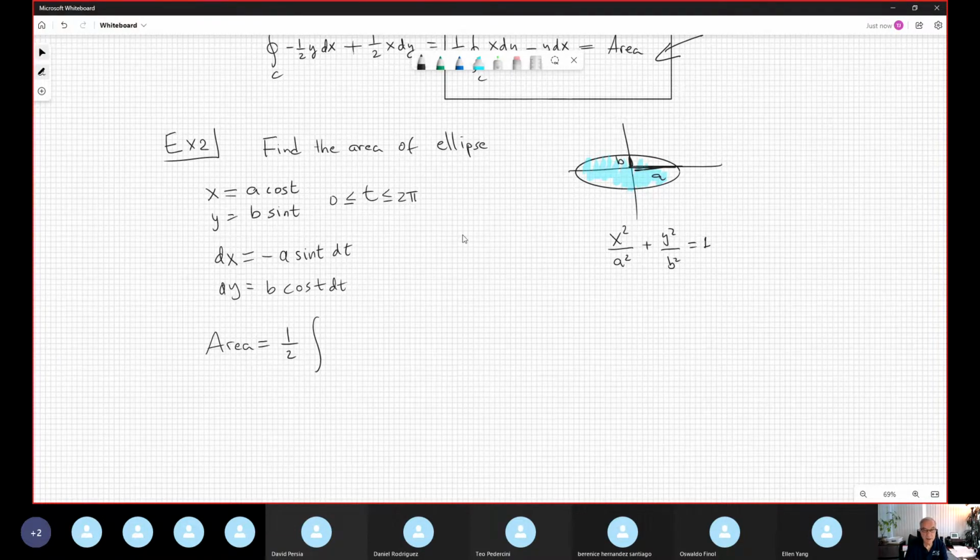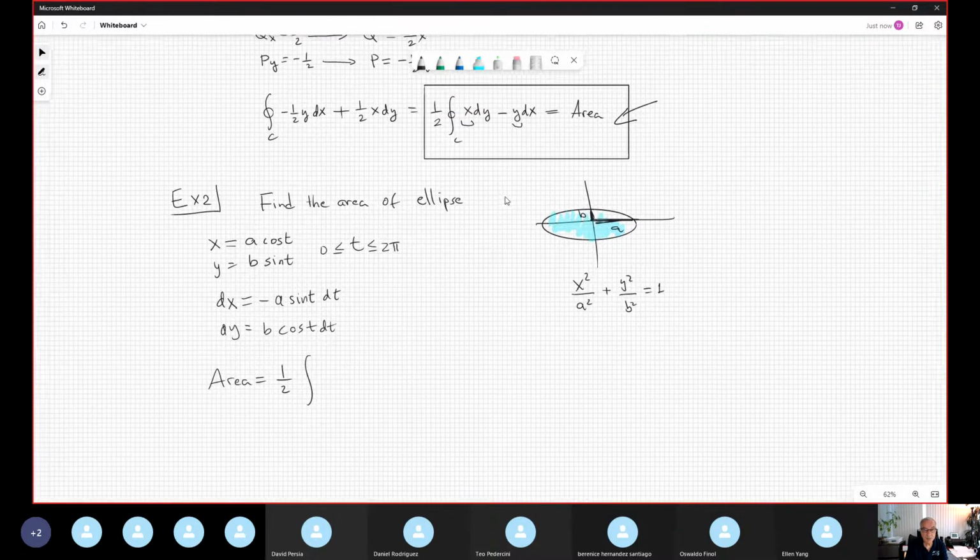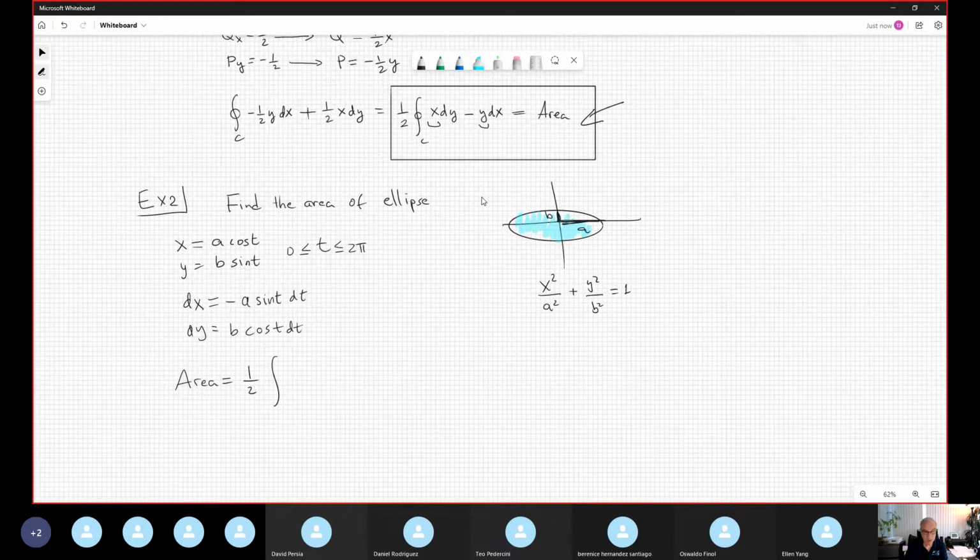Remember, you convert this line integral into one ordinary integral like in calculus when you do the parametrization. This is the magic of the parametrization. The line integral is magically converted into an ordinary integral, where the parameter is t, and t goes from 0 to 2 pi.